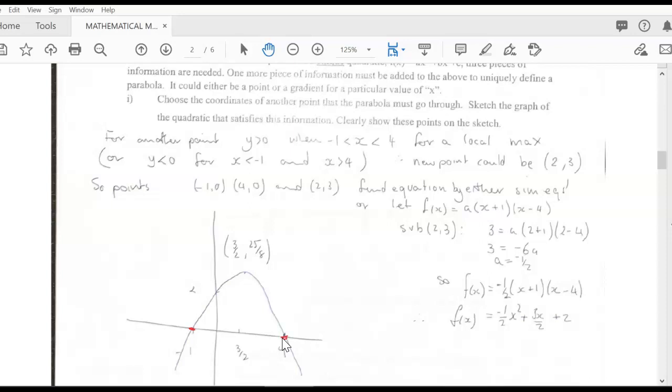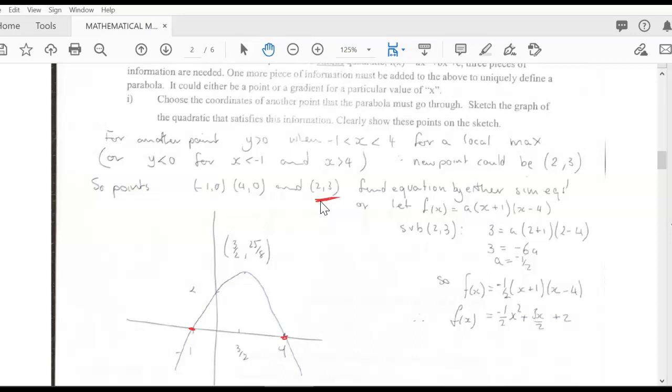So points (-1, 0) and (4, 0), so we already had those two, and we just selected a point (2, 3). So we've just chosen that point there, (2, 3). I'm just trying to think, for a local maximum, the new point could be (2, 3).